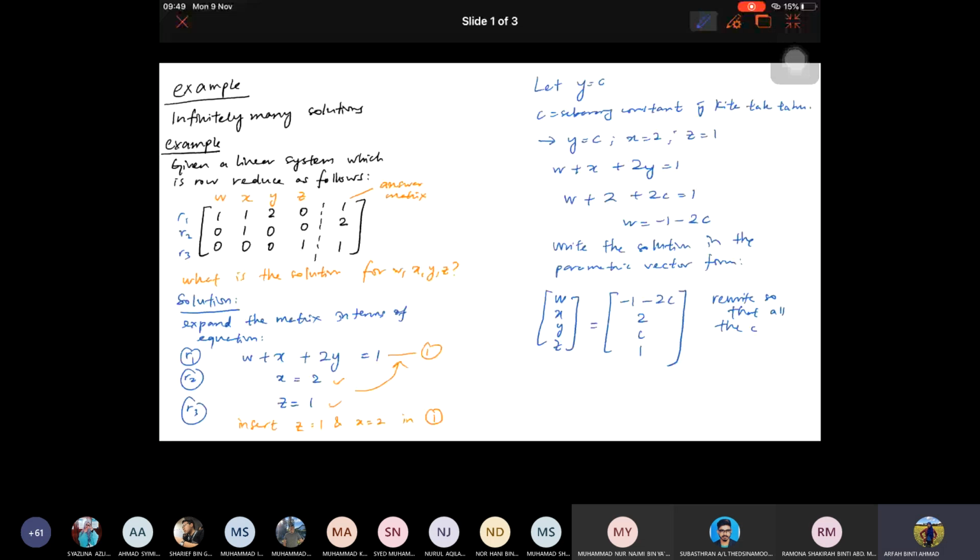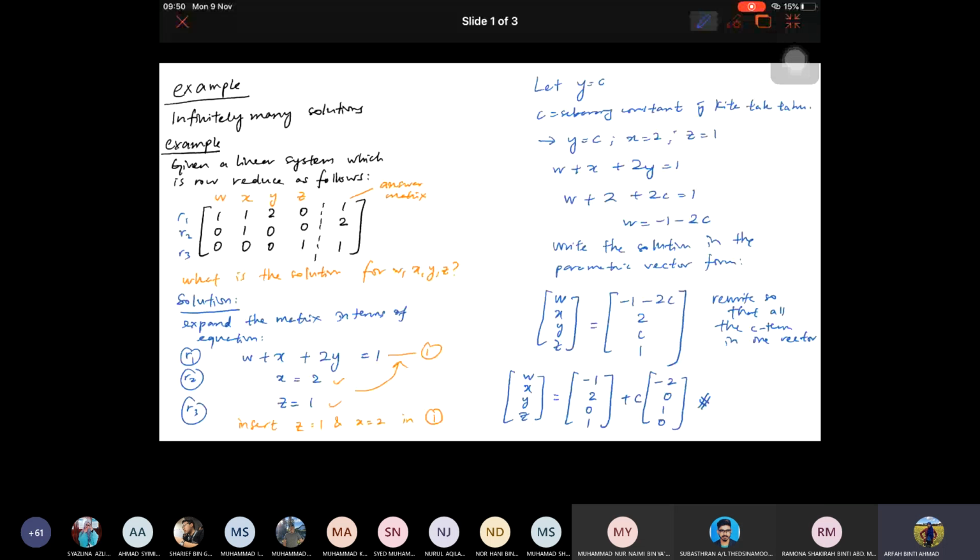So awak boleh tulis W, X, Y, Z sama juga dengan negatif 1, 2, 0, 1, tambahkan dengan negatif 2, 0, 1, 0, darabkan dengan C. Okay. So ini adalah dia punya jawapan akhir.